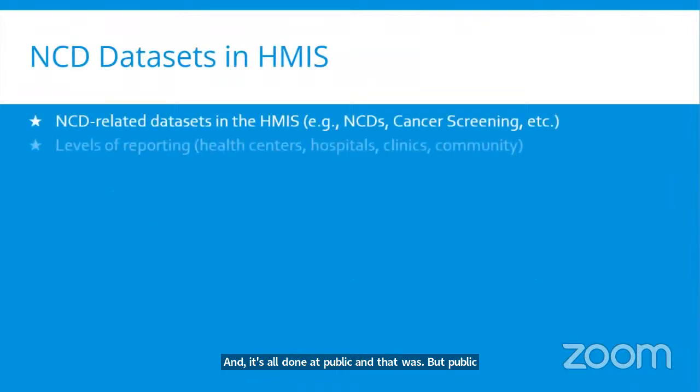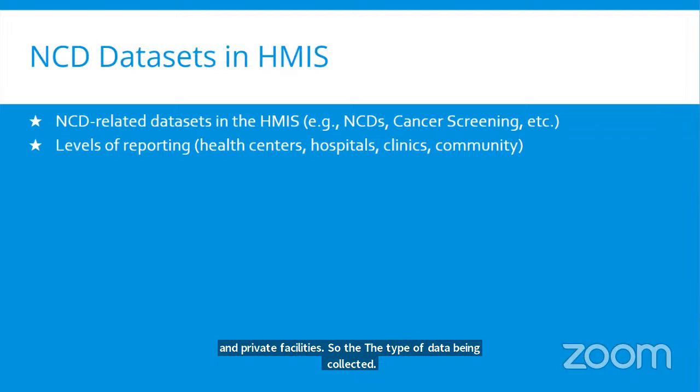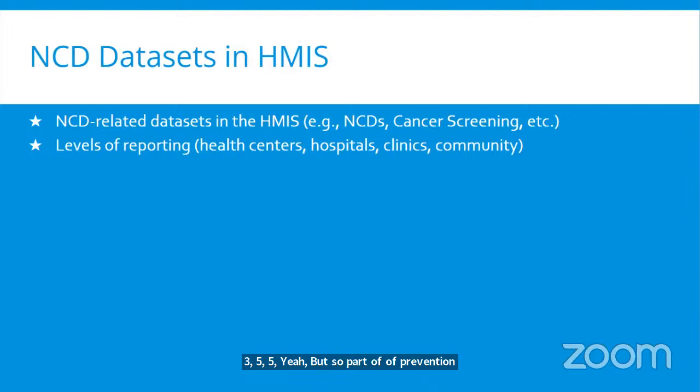The type of data being collected falls into three categories, if I may say. There are all types of NCD, but there's also prevention, which involves cancer screening and other screening like hypertension and diabetes, but also awareness campaigns for prevention.